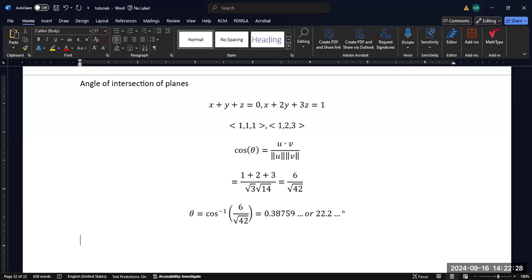And again, the same properties apply as in other cases. So if the planes are parallel, they have the same or scaled normal vectors, but with different intercepts.